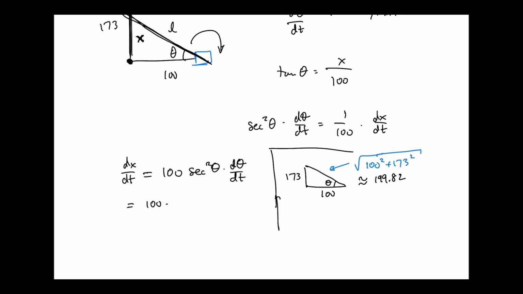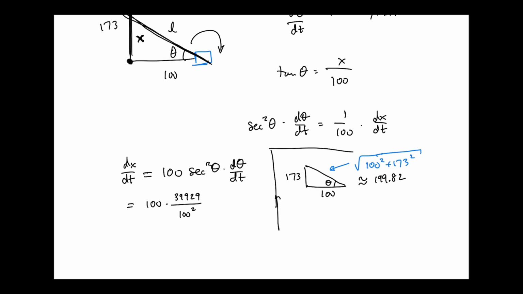So what's the hypotenuse? This 199.82 squared would be 39,929. What's the adjacent side in the triangle? The adjacent side was 100. So I have to square it, because it's secant squared.